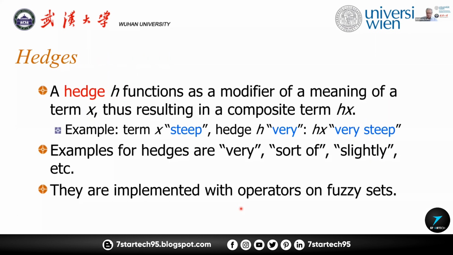Now, what is a hedge or a modifier? It's also sometimes called a modifier or a hedge. A hedge functions as a modifier of the meaning of a term, so it results in a composite term. Again, to illustrate it immediately with an example, when we have the variable slope and a value steep slope, we can modify it with a term like very, making it very steep.